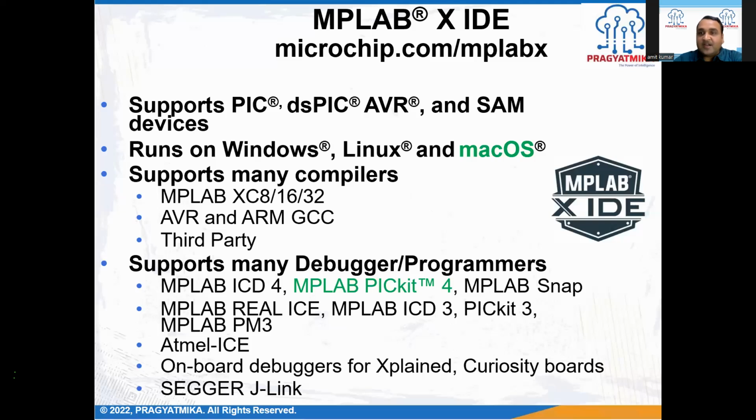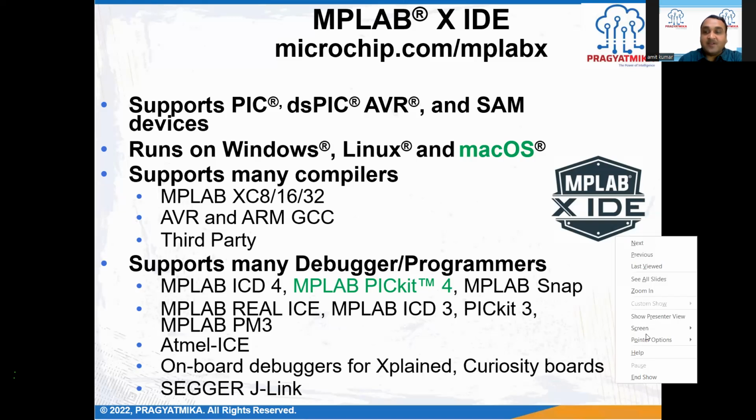Whenever we are developing any program, any project, we require multiple things. First, we need to write the program. For that, we require an editor. Once we have written the program in the editor, then we require compilation of it. So we require a compiler and assembler.